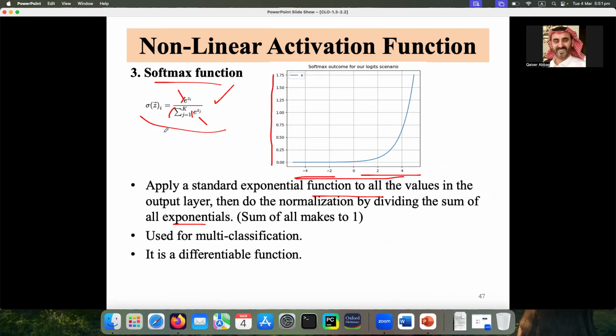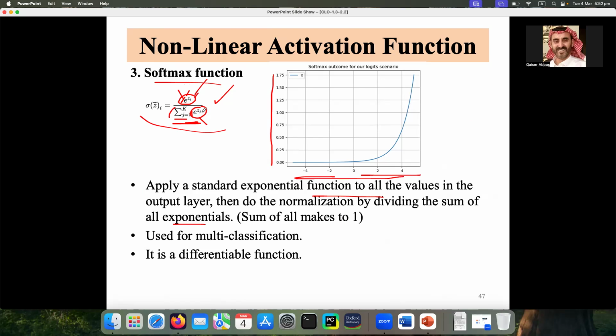Here you are calculating the exponent of z1, z2, z3, and so on, and here you are summing up all the exponents. This is the total sum of all the exponents, and this is the individual value of each exponent.